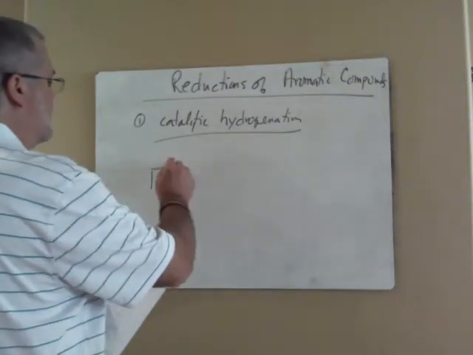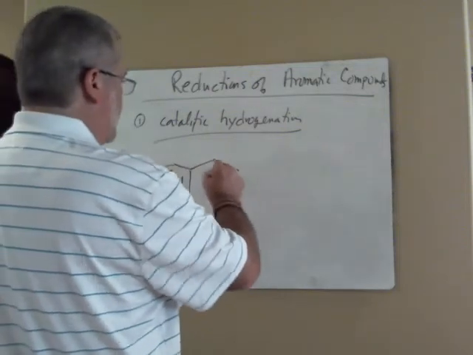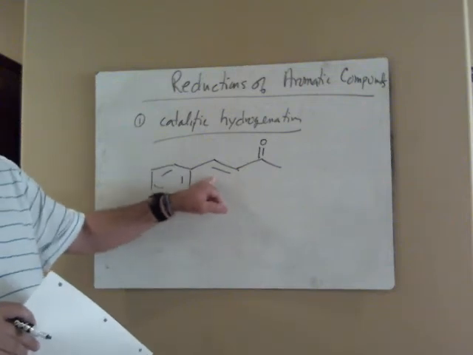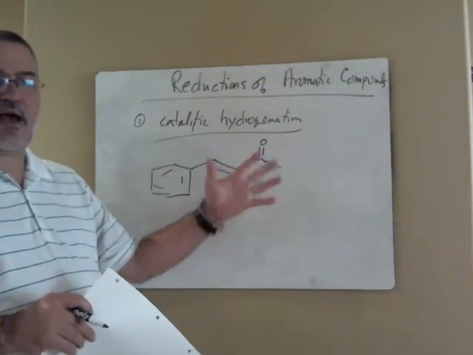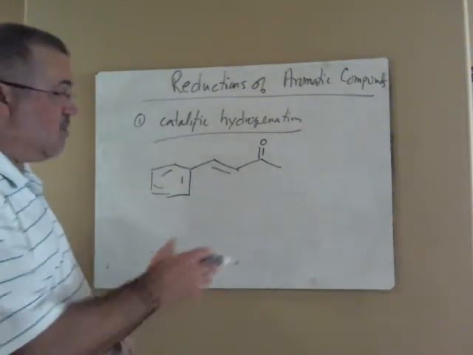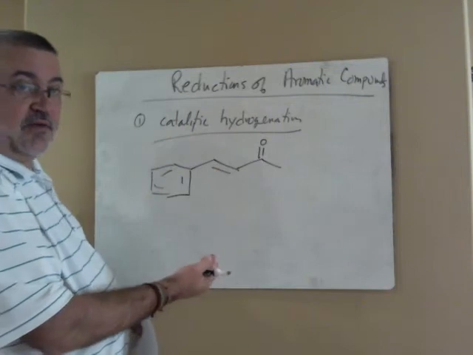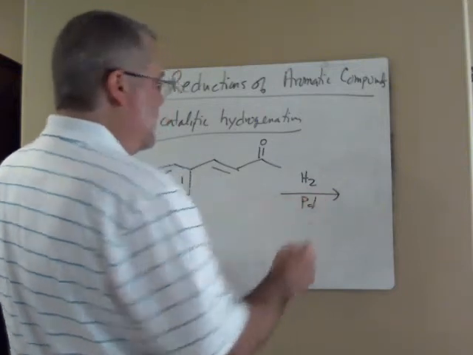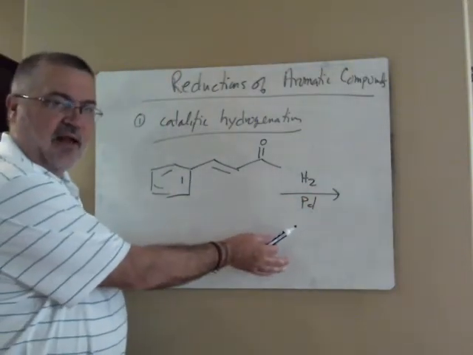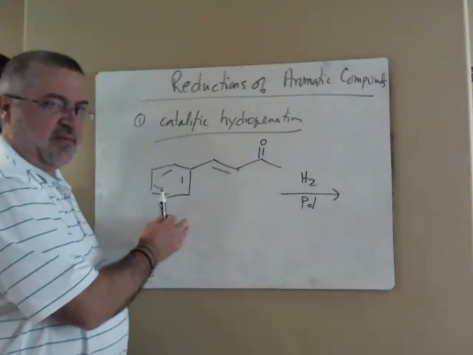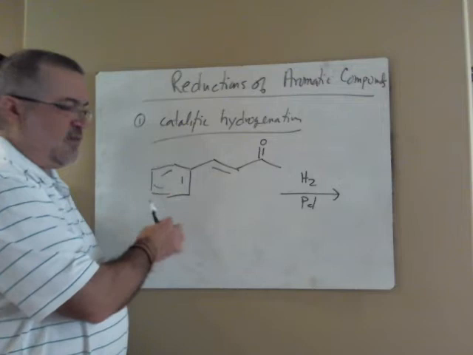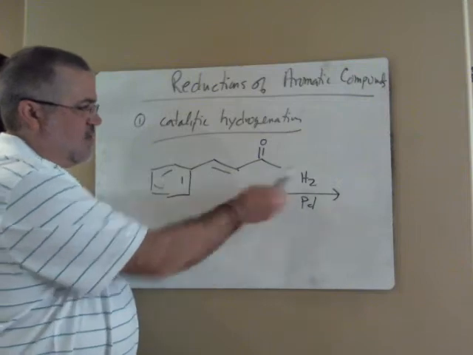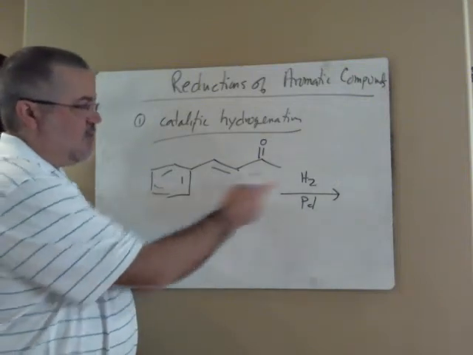If you have a benzene ring and you have this alkene functionality attached, and here I'm also adding a carbonyl, which is a double bond, and we're going to find out later that those can be reduced, but not by these conditions. So our good old familiar H2 and catalyst is going to do a reduction. But benzene rings, remember, are really stable. So they're not reduced by these normal conditions. So none of these double bonds will be reduced.